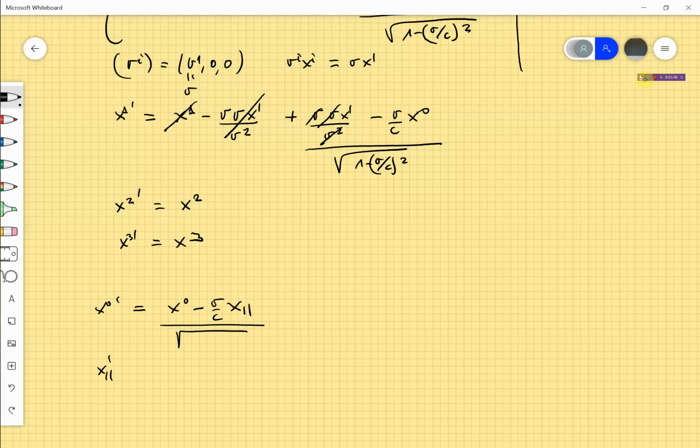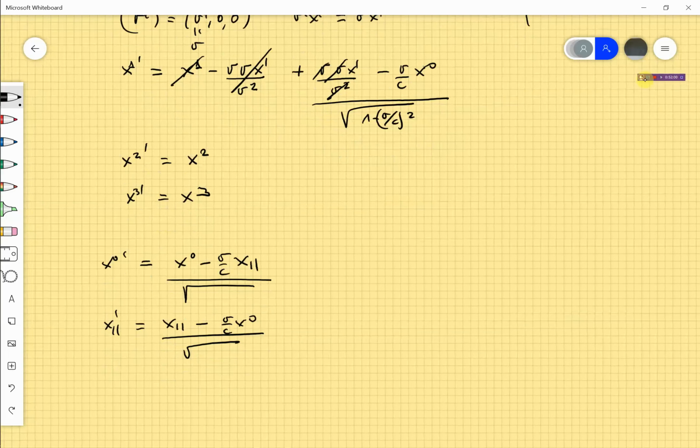Now the parallel component, this would be x1 if the speed is v1, is x parallel minus v divided by c x0 divided by the standard factor, and in the perpendicular directions nothing happens.